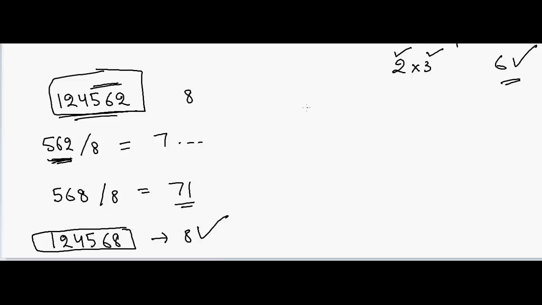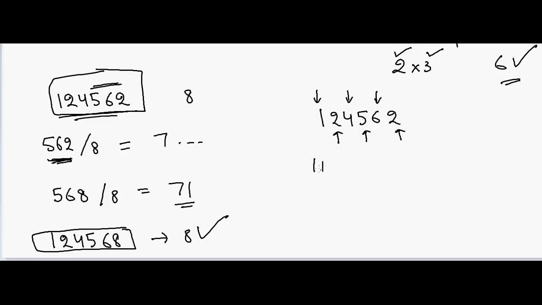Now let's talk about the divisibility by 11. So if I have 124562, and I want to find out whether this number is divisible by 11, what I'll do is take the alternate digits. So 1, this number, and this number. I'll take these, and then I'll take the other digits, and add them together.